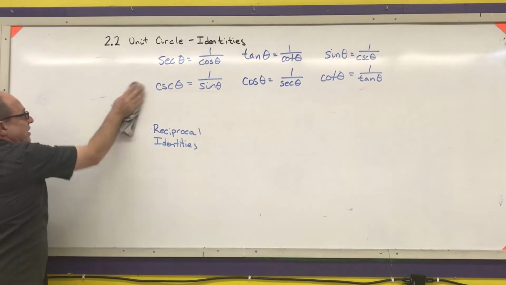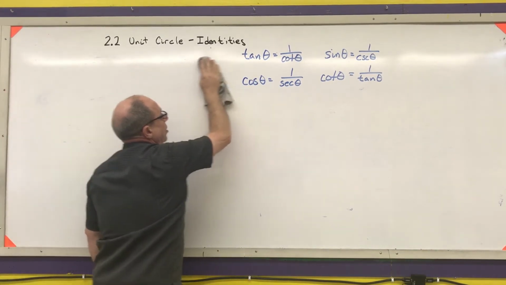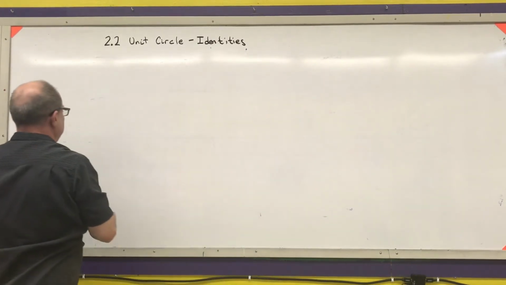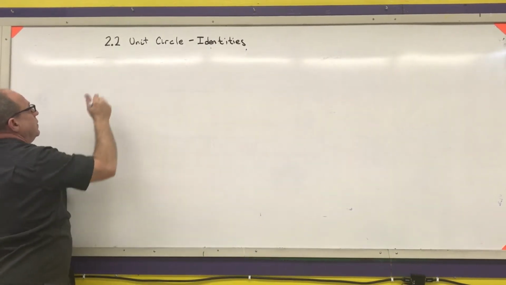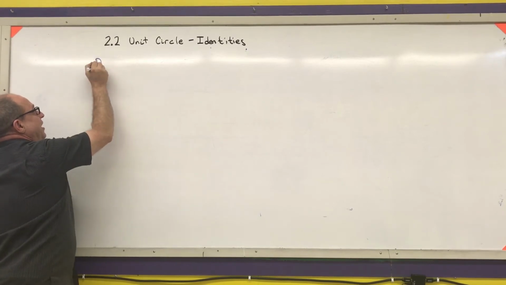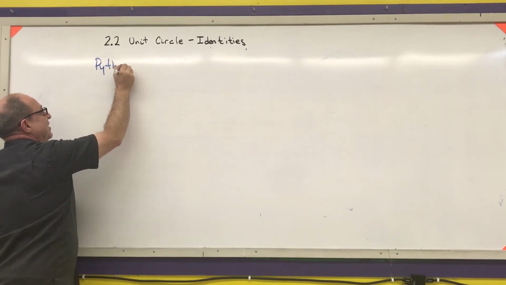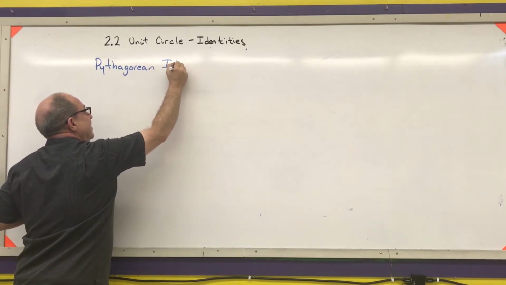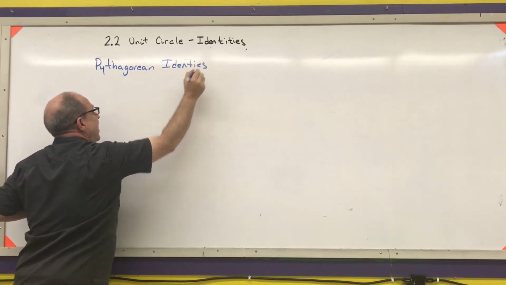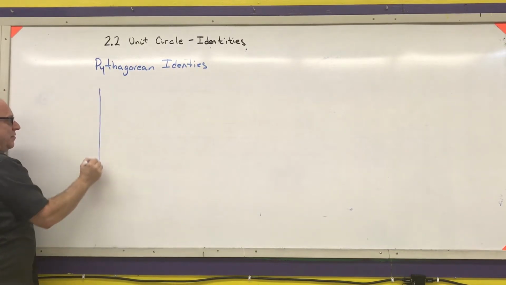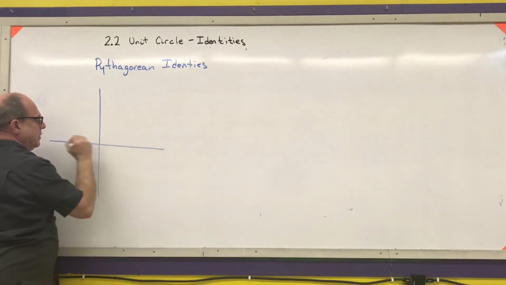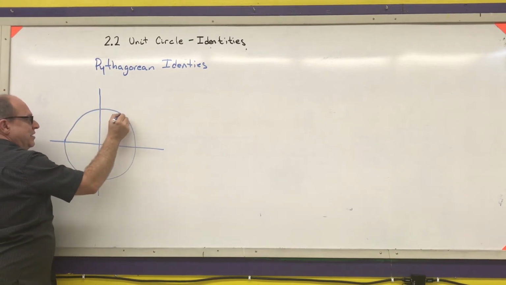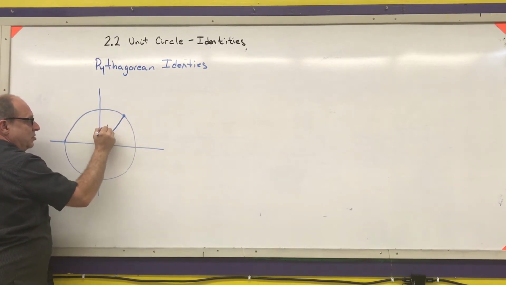The next group of identities we have are called the Pythagorean identities. They are all based off of the unit circle. I take any point P on my unit circle.